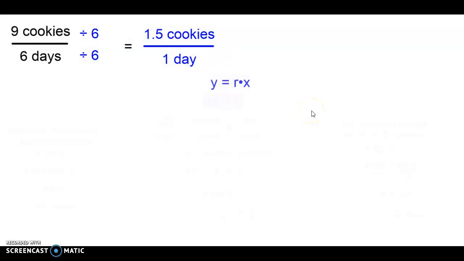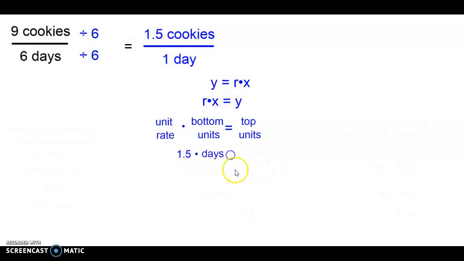Your formula, y equals r times x, again reversed. R times x equals y. That's going to be the unit rate times the bottom units will equal the top units of our unit rate. So again, the unit rate, that's the only one that goes in as a number, that's 1.5 times the bottom units, the number of days, and that will equal our top units of our unit rate, the number of cookies.